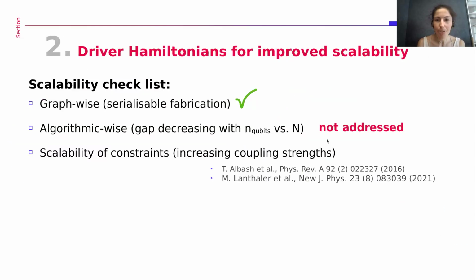In order to actually enforce those constraints satisfactorily, we will need to increase the coupling as we increase system size. This is the same problem that actually any embedding scheme runs into when you want to constrain yourself to a lower dimensional part of the Hilbert space.